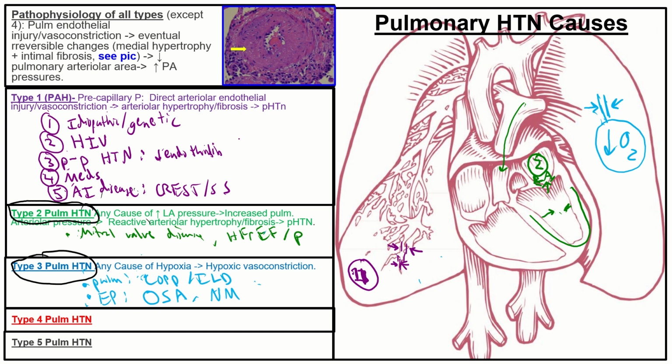Lastly, it's going to be congenital heart disease. So it's a little bit confusing. So, if someone has congenital heart disease, they're actually having blood flow, and usually it's going to start from the higher pressure side, from the left side to the right side.